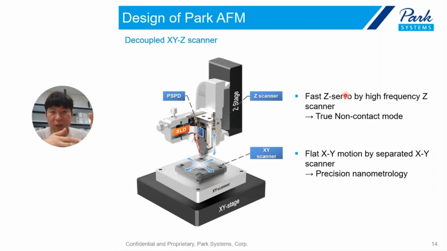The conventional one or other systems, when they meet some complex or quite steep structure, the tip has a very high chance to touch the surface, but our system usually does not touch even that quite complex structure. That is quite a good advantage of the newly designed AFM.